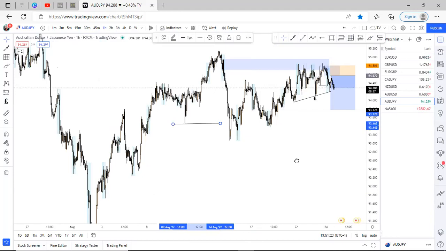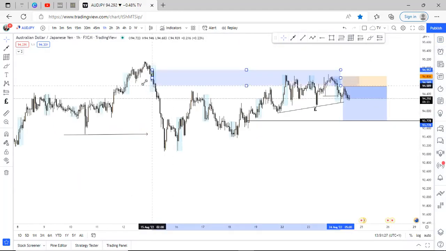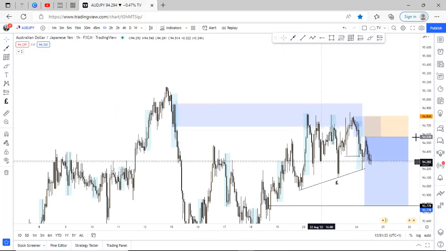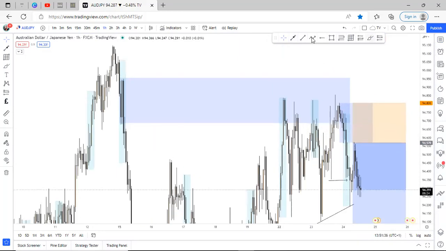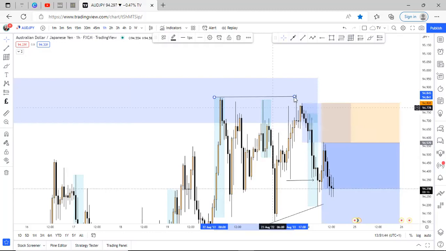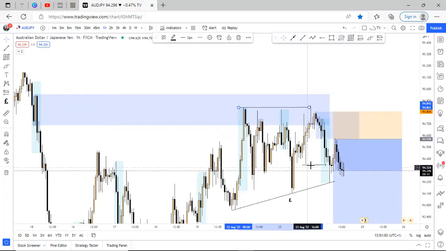So we have that break of structure and price pulled back into this level of supply that we have right here. So price is presently reacting from this supply, and not just that, I think yesterday after the news, price cleared out the Asian range high, the double Asian range high that we have that was yet to be mitigated. This week cleared it out, and right now we've now broken structure.